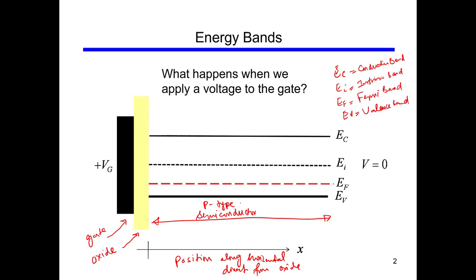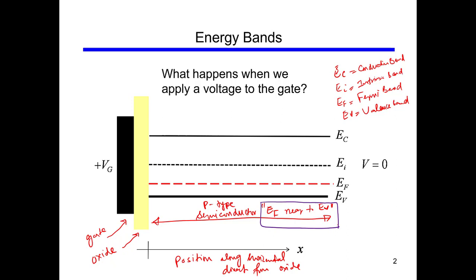semiconductor. Why p-type? In a p-type semiconductor, the EF or Fermi level will always be near to the valence band. Okay? So you have to remember this, that in a p-type semiconductor the Fermi level is near the valence band.